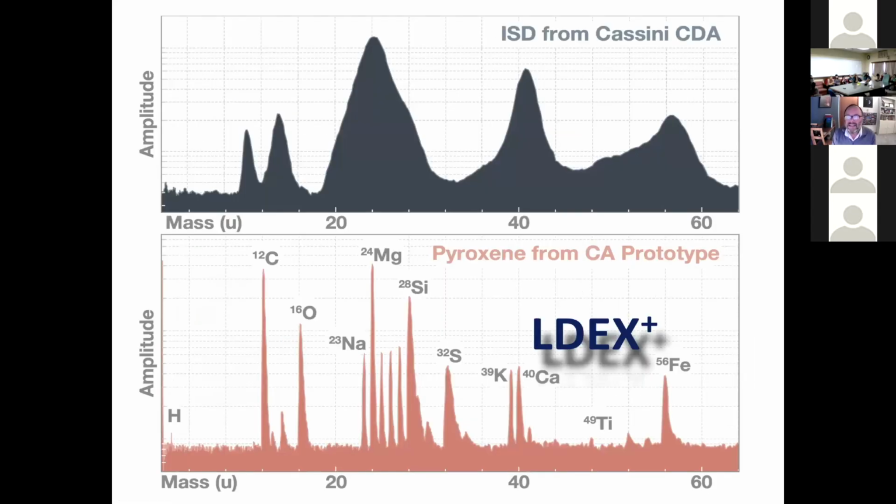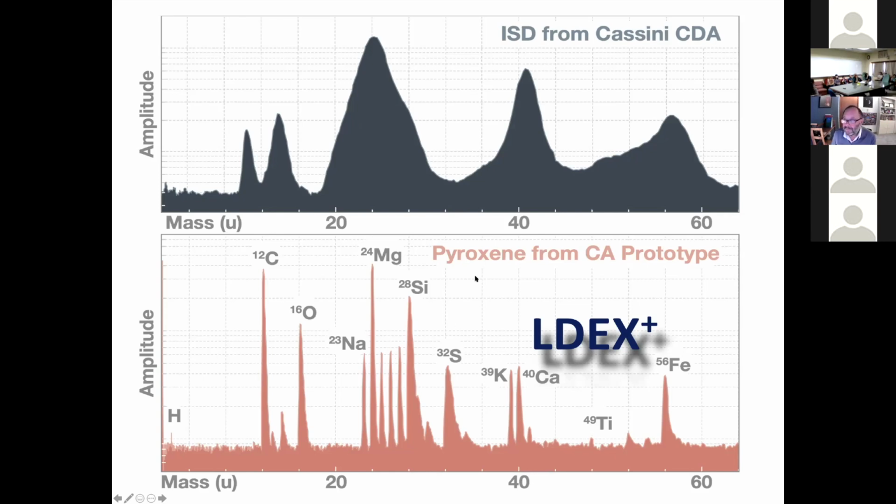So here is another comparison of an interstellar dust candidate from Cassini. And then, of course, we have problems resolving this big white peak from sodium and magnesium and silica and the various isotopes of magnesium.